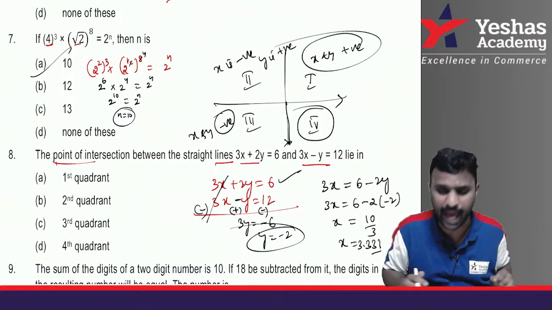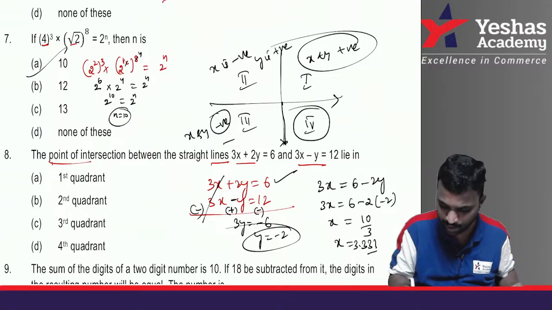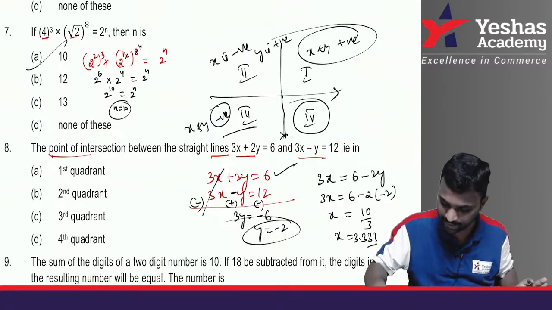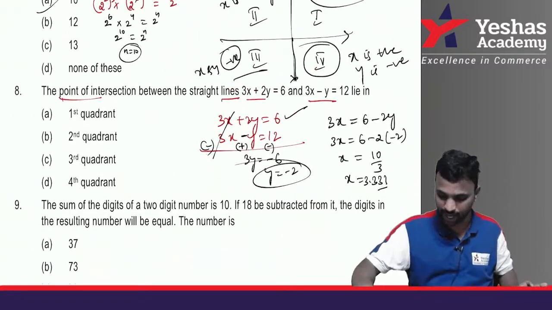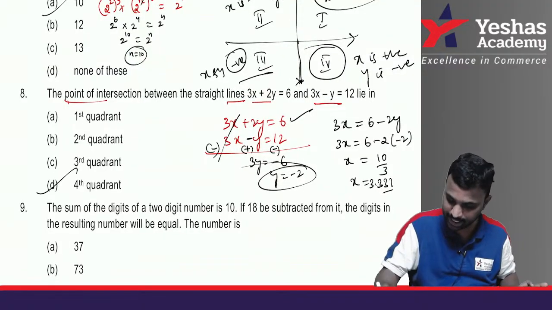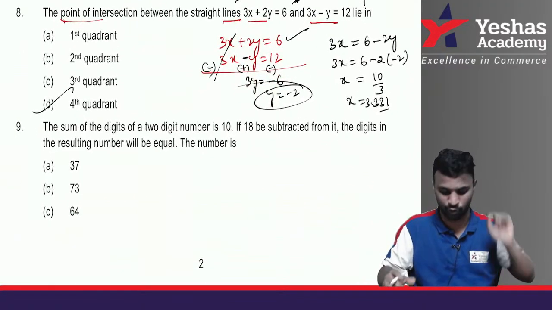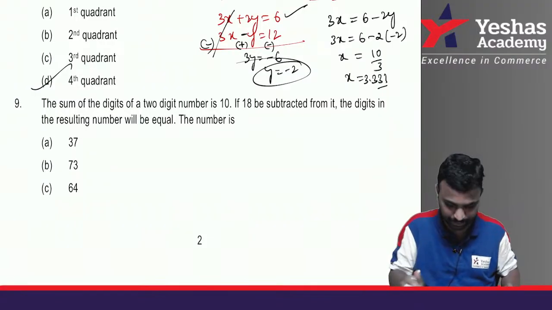In the second quadrant, x is negative and y is positive. In the third quadrant, both x and y are negative. So please note this. In the fourth quadrant, x is positive, y is negative. Is this clear, everybody? So the answer for this question is option D, that is the fourth quadrant. Moving on to the next question.